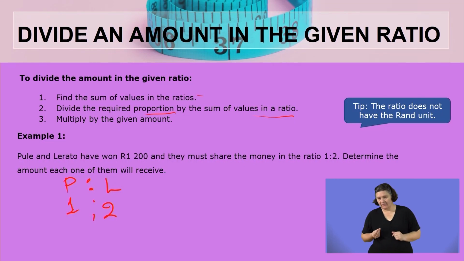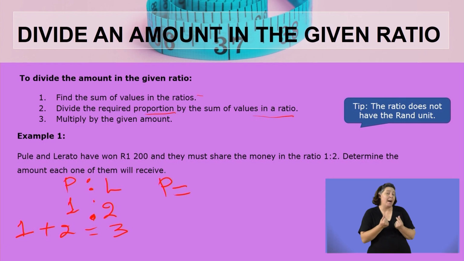So can we start now by adding? So when we add, we say 1 plus 2 because we want to get the sum of these values. So 1 plus 2 is equivalent to 3. Now we can start with Pule. For us to know how much Pule will get, we know Pule's proportion is 1.